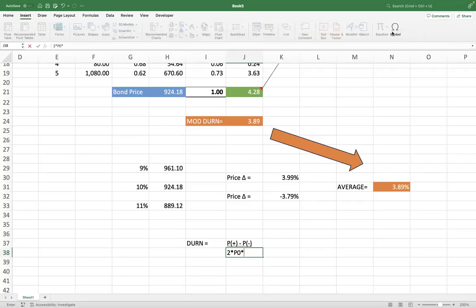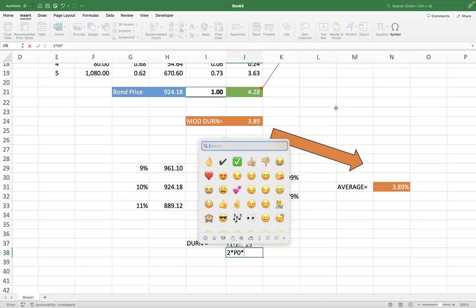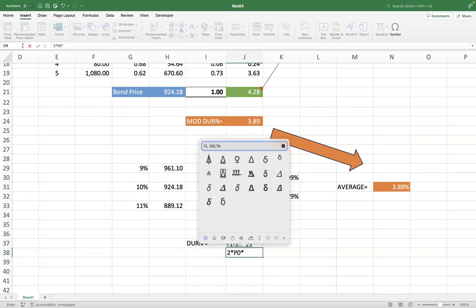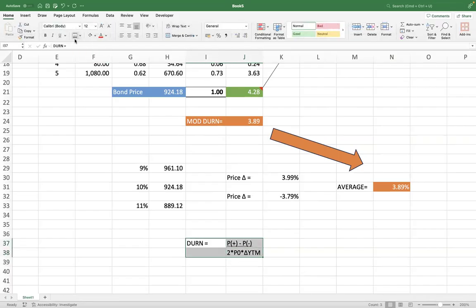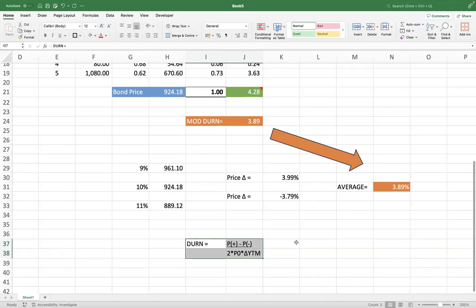Please write down this formula in your books, all of you. Delta of YTM. Now, this is your formula. Clear? So let's do that.